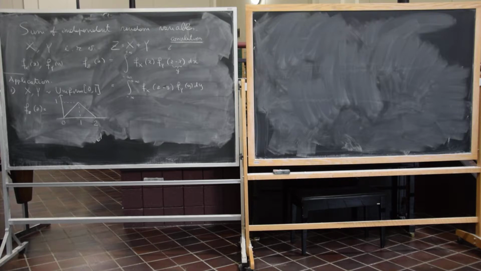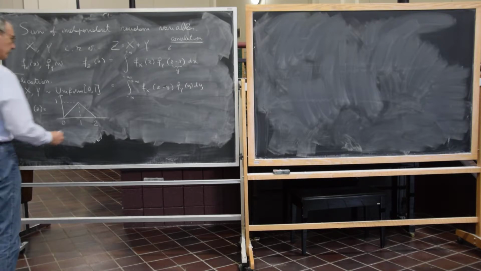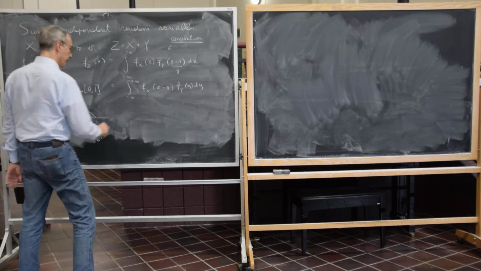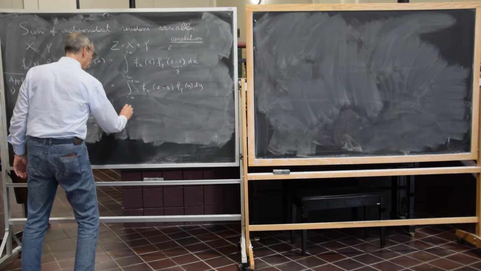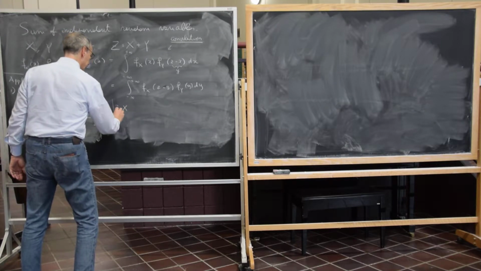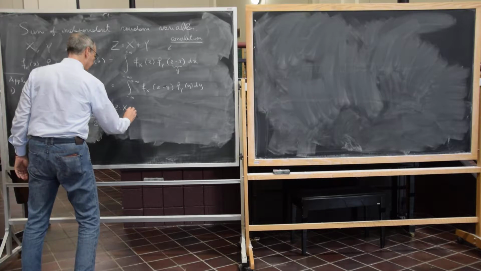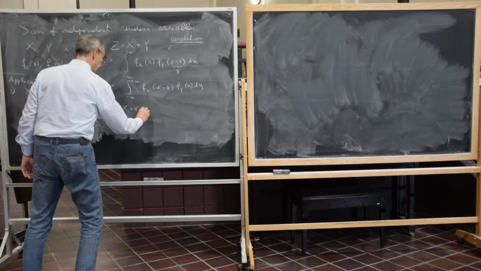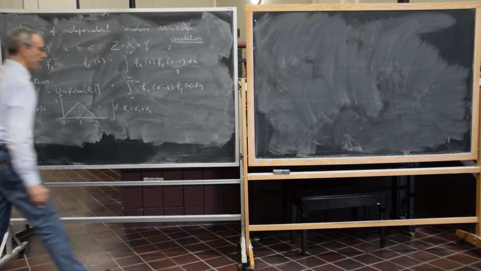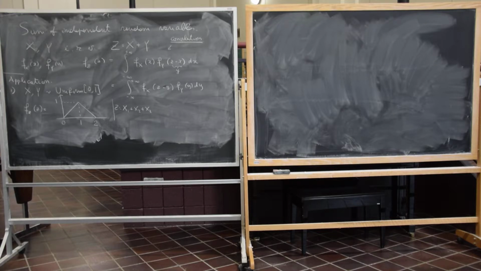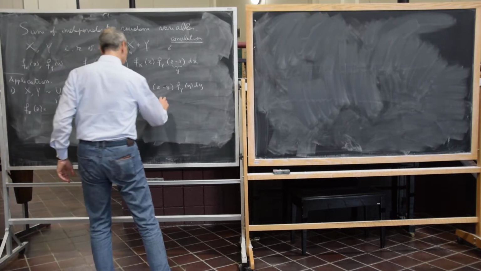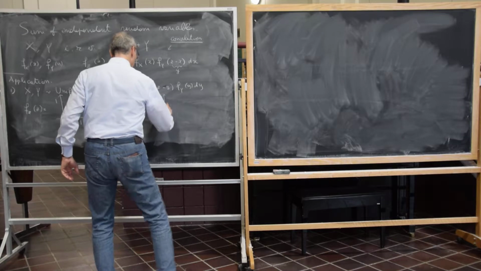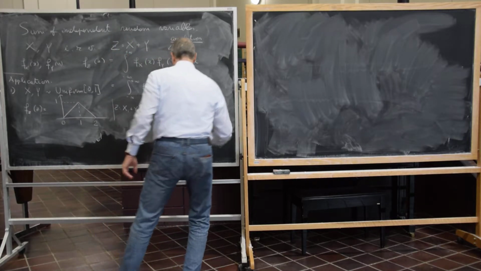Now, what is the generalization? If you take Z to be equal to X1 plus X2 plus X3, and you assume that X1, X2, and X3 are uniformly distributed, then you will obtain another function.